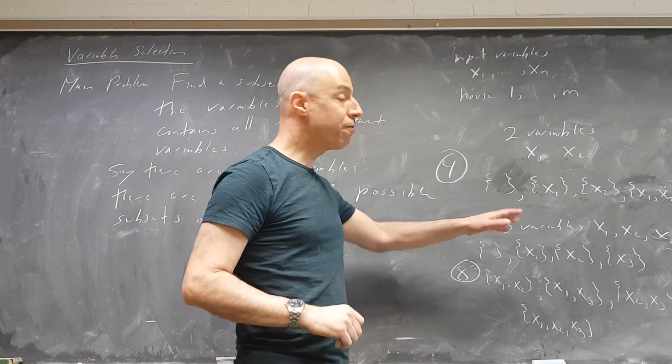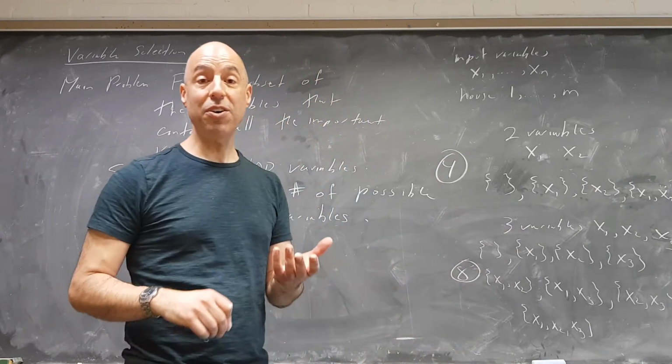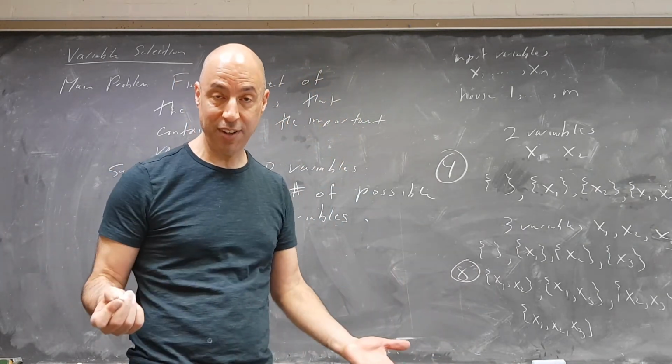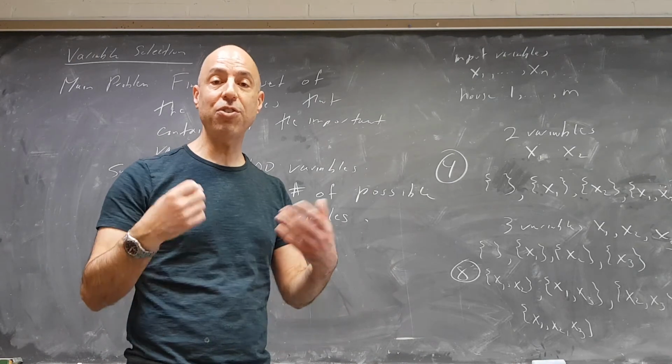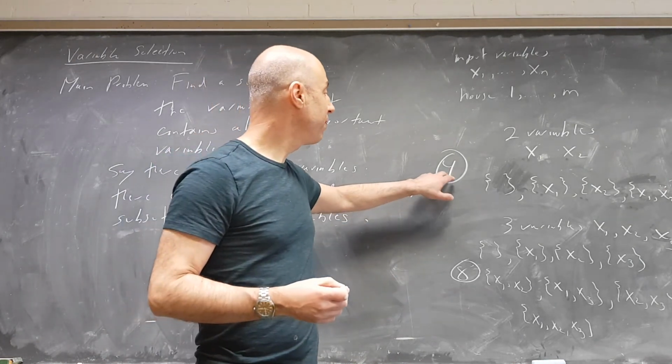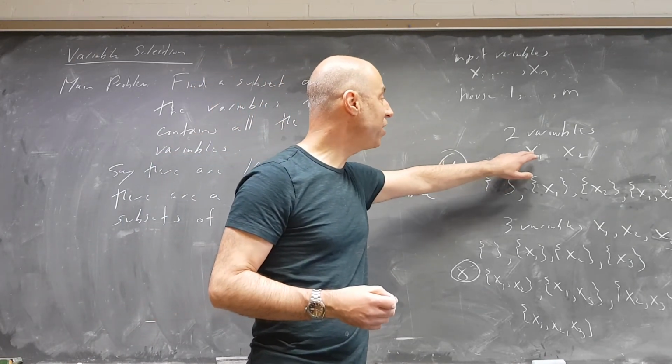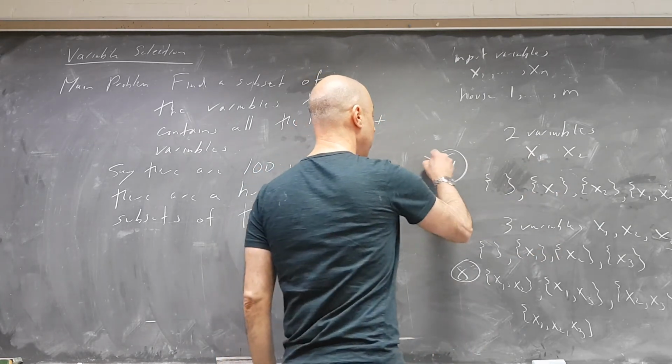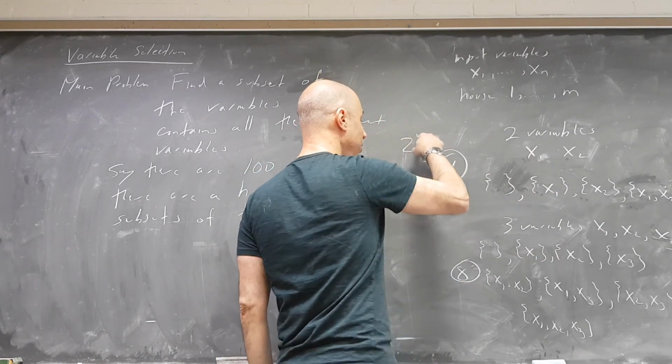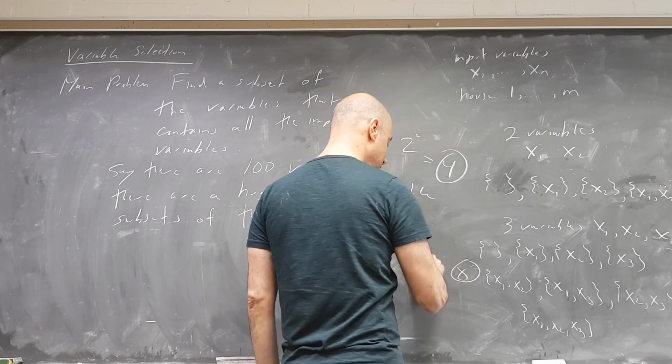If you have 4 variables, you'll find out that there are 16 possible subsets. If you have 5, it's 32. The number of possible subsets is always 2 to the power the number of variables. This is 2 squared. This is 2 cubed.